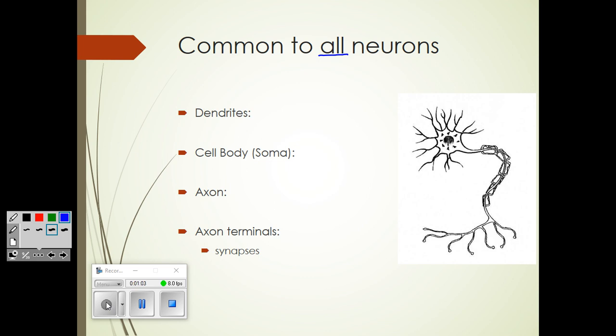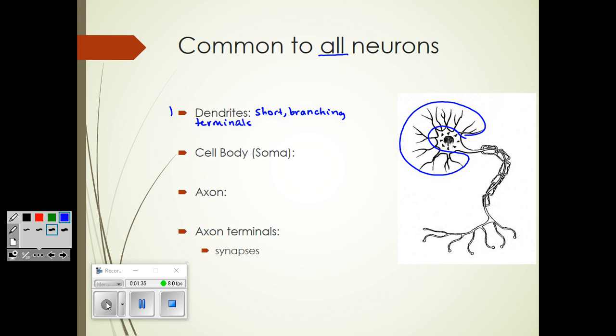Now, the first thing on the list is dendrites. And dendrites is this part here. They look like tree branches extending off the main part of the neuron. So if I want to know what a dendrite is, dendrites are short, branching terminals, just like they appear on the picture.